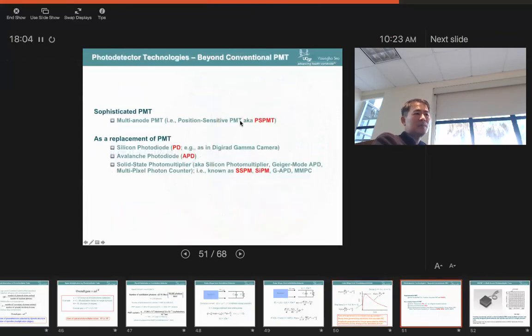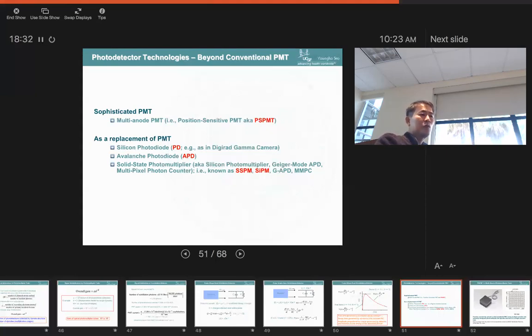Okay, let's skip that. Let's go into more about describing these multiple different types of photodetectors. We just talked about the photomultiplier tube as one good example for a radiation detector, coupled with the scintillation crystal. PMT is one, but we can have some other types of photodetectors for the same purpose.